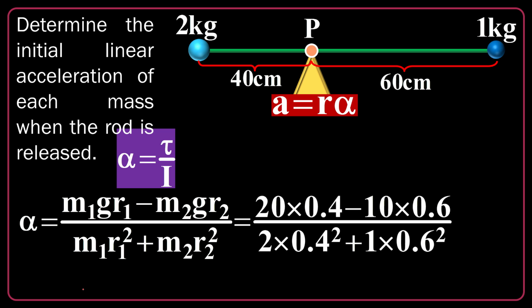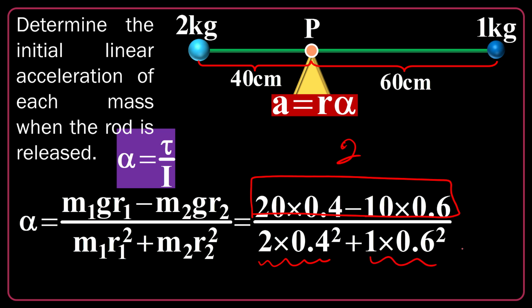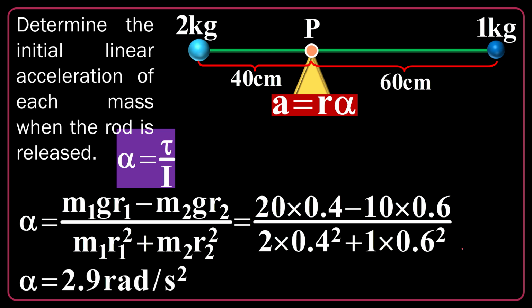Okay, let's plug in the values. Upstairs is supposed to be 8 minus 6, and downstairs m r squared plus m r squared. So trust my calculation, alpha is supposed to be 2.9 radians per second squared. This is alpha, the angular acceleration, but we are looking for linear acceleration. Linear accelerations of the objects are different.